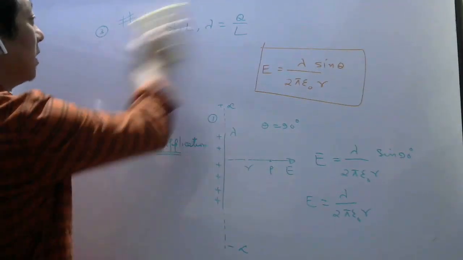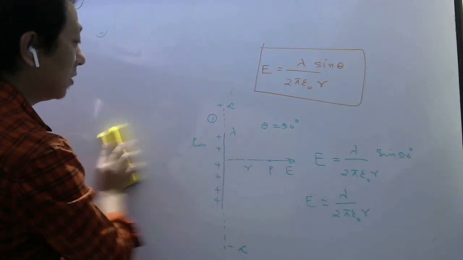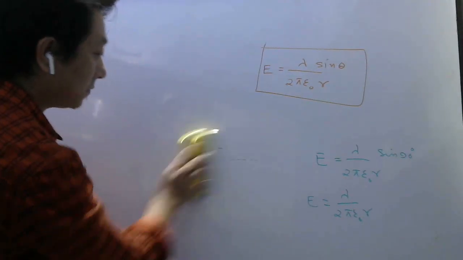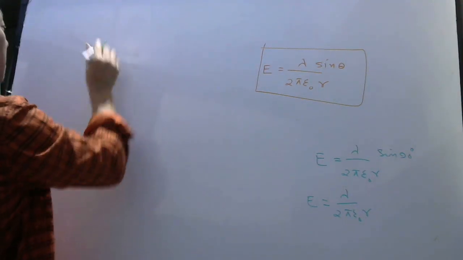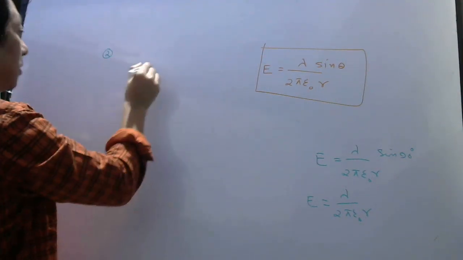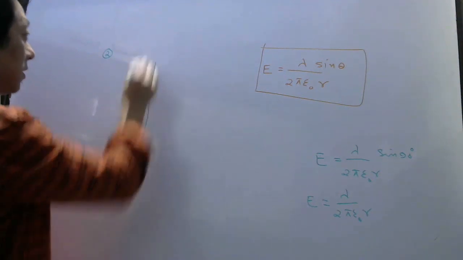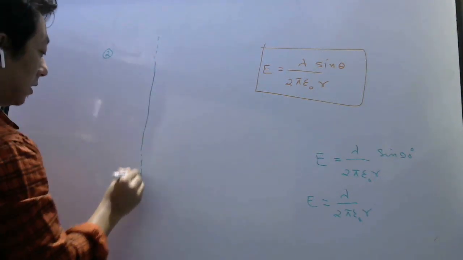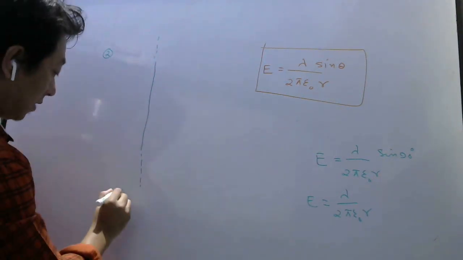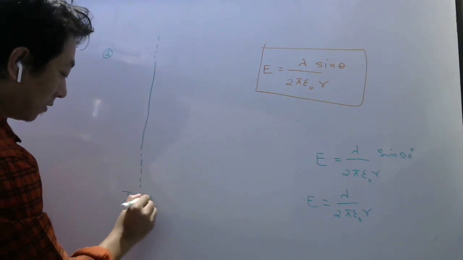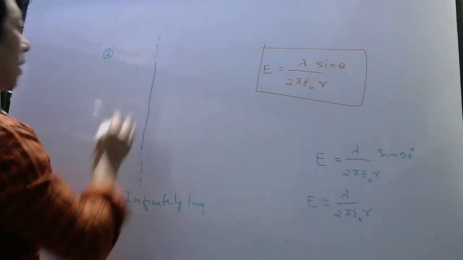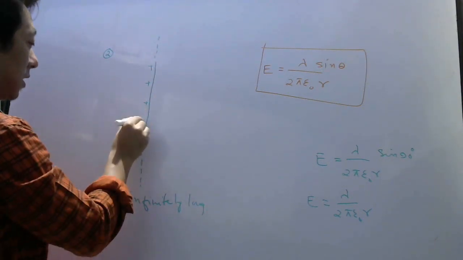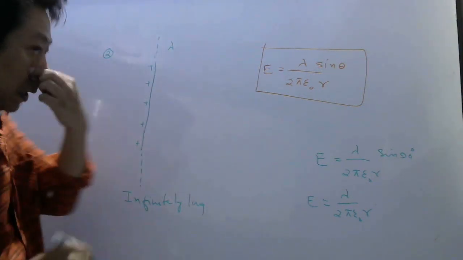Let us apply this formula now to another question. The second question is, you have a line charge which is infinitely long, and this has positive charge, and lambda is the linear charge density.